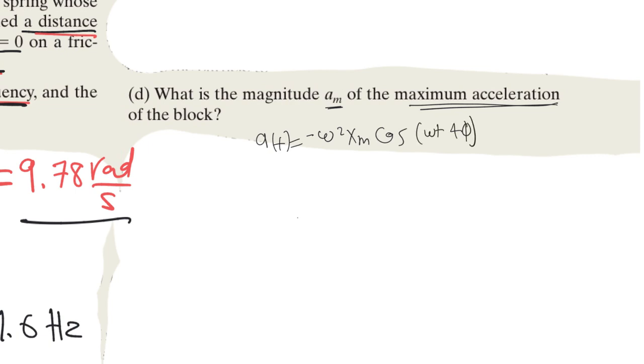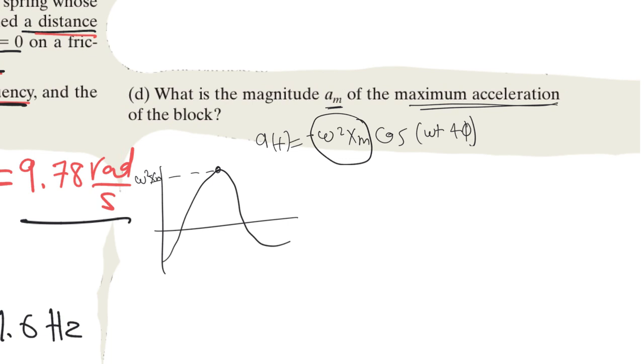Okay, and when we draw it, we will get it like that. So the maximum value here is always omega squared xm, and this is the amplitude. So the acceleration will be a maximum at the amplitude. So we write that am, the maximum acceleration, is equal to omega squared xm.